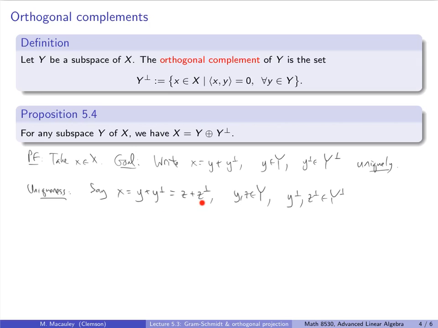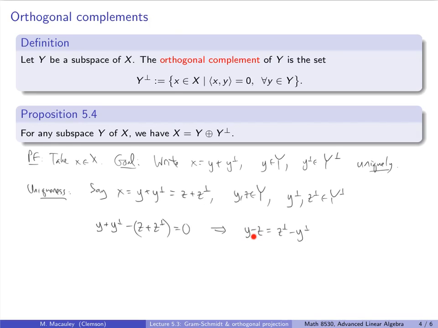Now I'm going to subtract these two things. If I subtract them, then let's see what we get. So we get y plus y perp minus z plus z perp equals 0. Or said differently, y minus z equals z perp minus y perp.